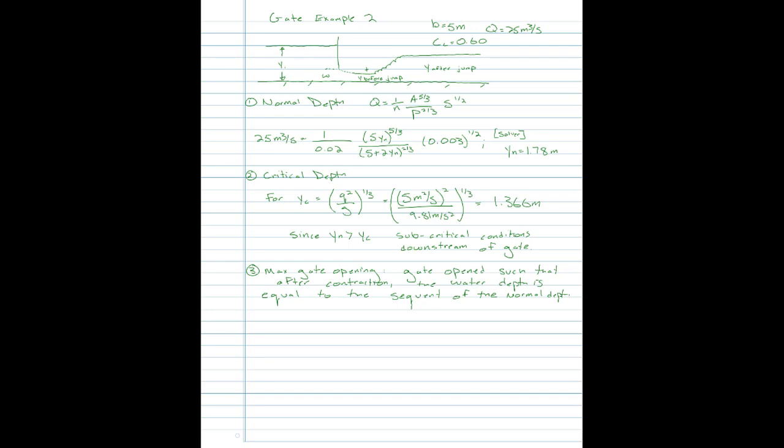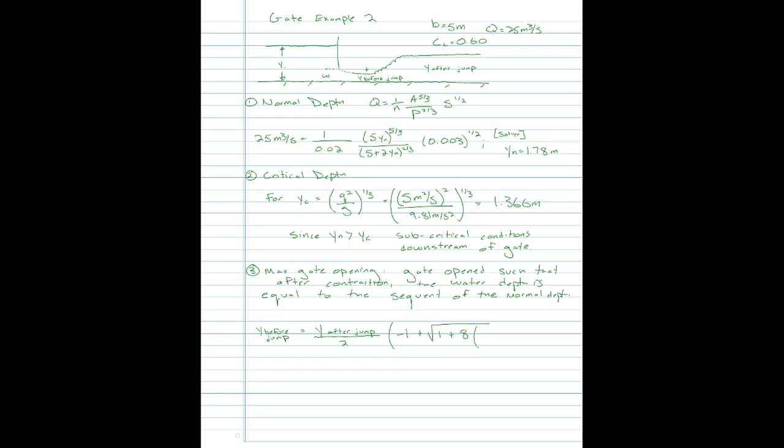Alright, so we're going to be finding Y before the jump, and that is Y after the jump divided by 2, times minus 1 plus the square root of 1 plus 8 times the Froude number squared.